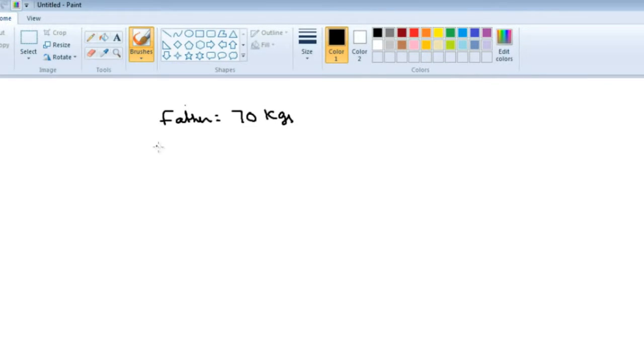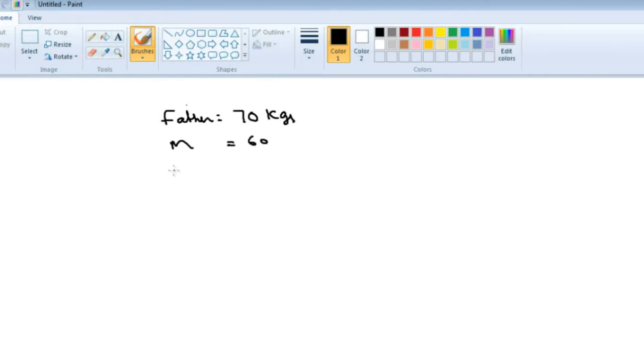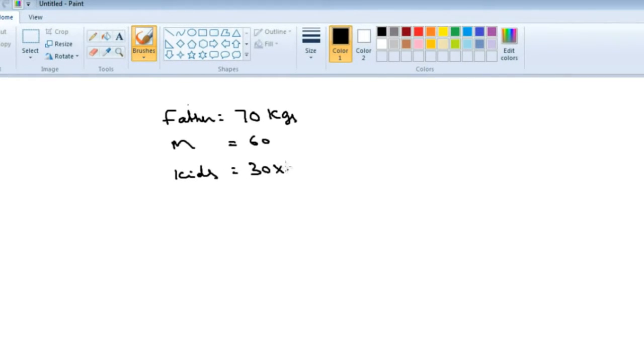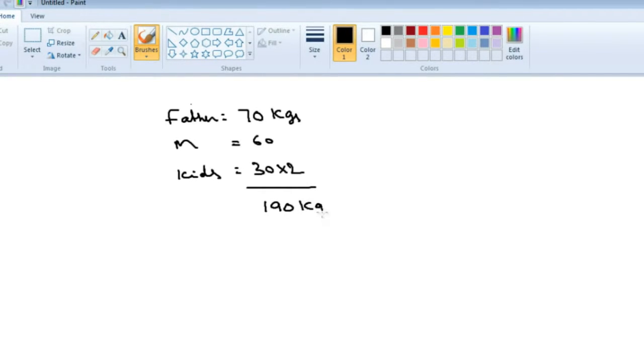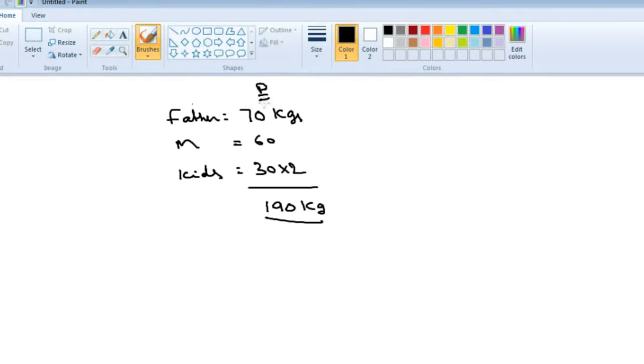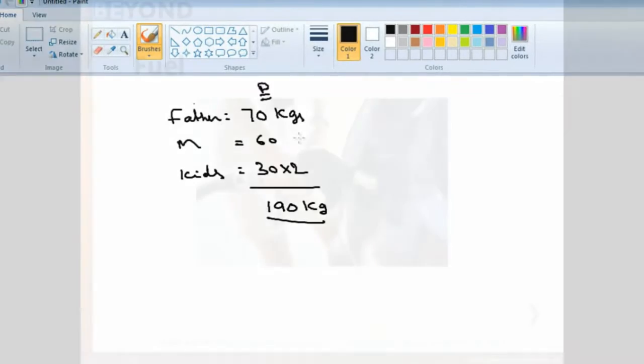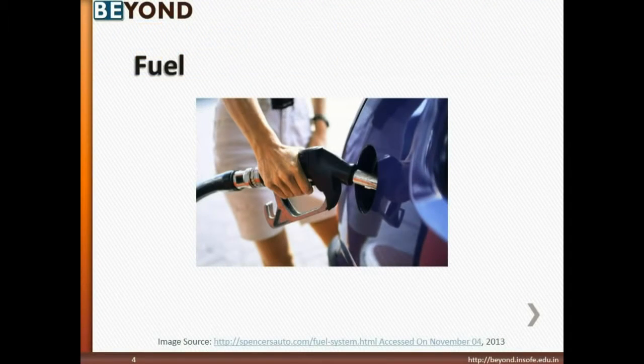I'll do the computation in kgs. Mother 60, and the kids 30 each. So 70, 60, 30 plus 60, 130 plus 60, 190 kgs. People are one component that gives weight to the car, and that's around 190 kgs.